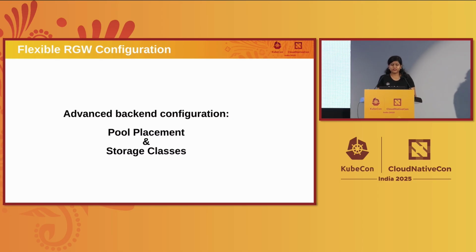We're looking into the RGW configuration. Most of the questions that I got were about how we can configure RGW based on our needs. So looking into one such scenario, which is pool placement and storage classes and how to make use of them.